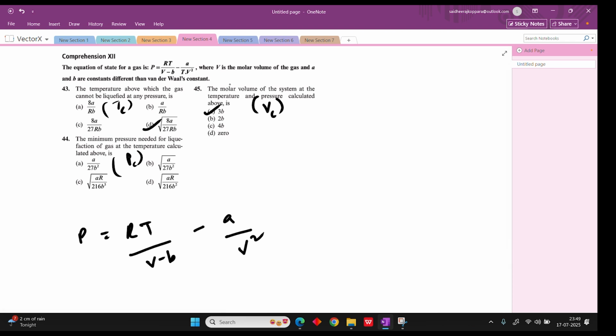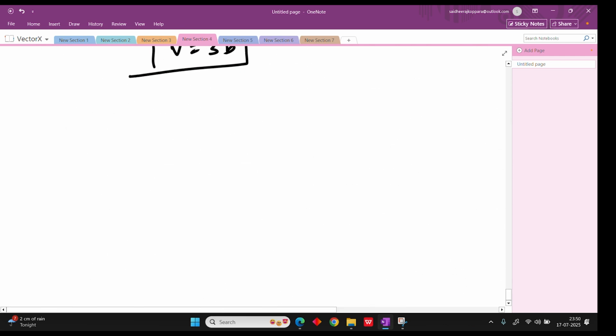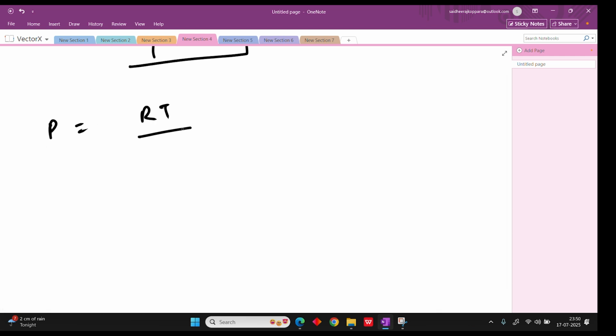And now for your PC, you just substitute your T value and V value. Then you will get your P value. So what is it? P equals RT by 2B minus A by T into V square, then it is 4B square.